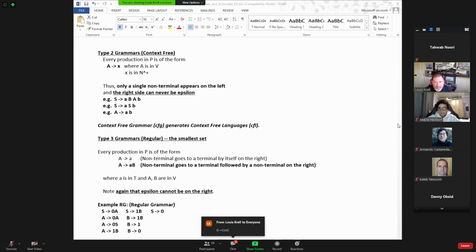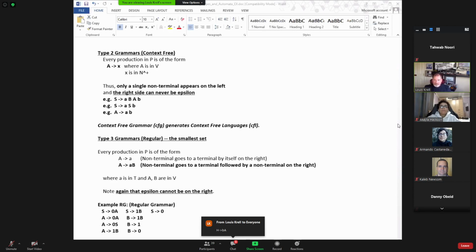Of a context-free grammar. But when we talk about the regular grammars, we're limited to a single non-terminal on the left going to either a single terminal or a single terminal followed by a non-terminal.